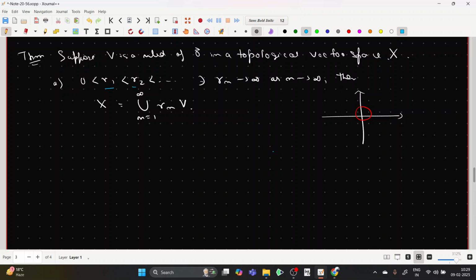What can I do? I can just keep scaling this. I can scale it by R1 to get a bigger neighborhood, then by R2 to get a bigger neighborhood, and I can keep continuing this, because since these scalars are unbounded, the radii become unbounded gradually. So at some point I'll get an infinite ball which covers the whole of X. Got it? So this is geometrical.